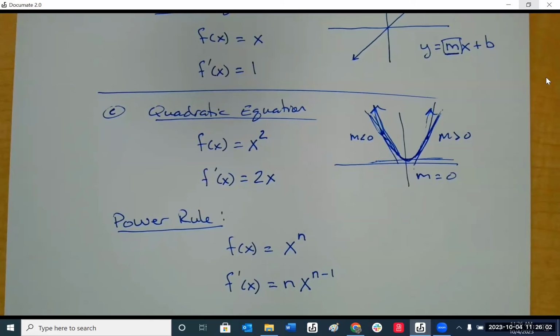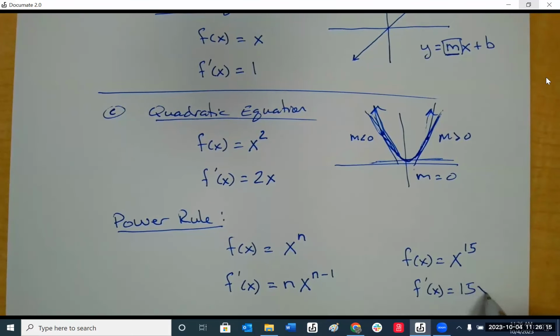That's the rule. So if I gave you f of x equals x to the 15th, what's the first derivative? It's 14. Yeah.